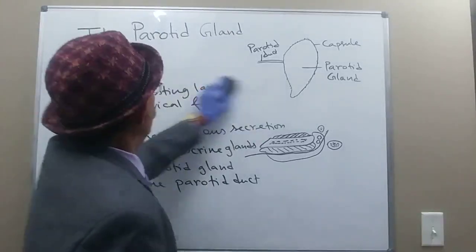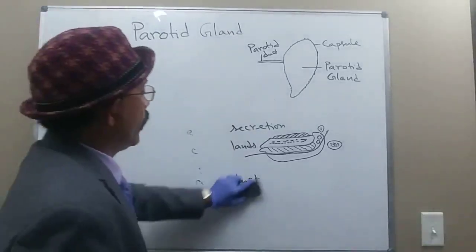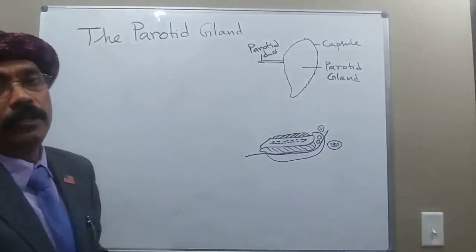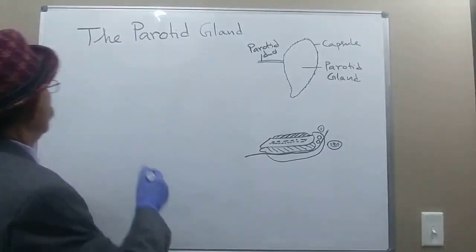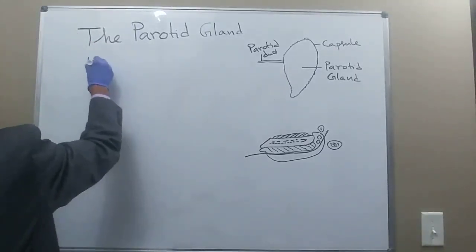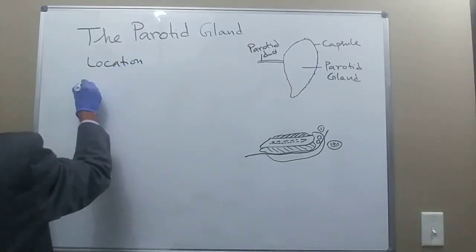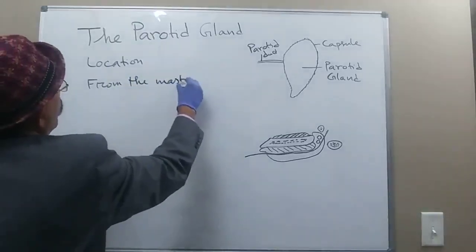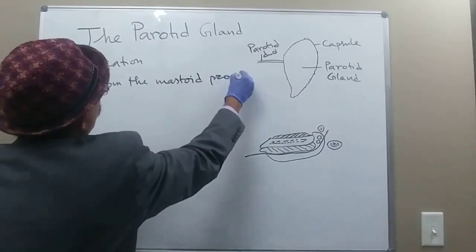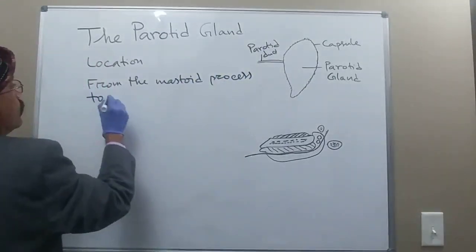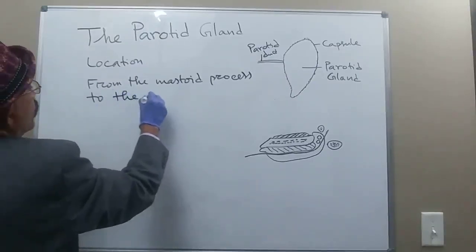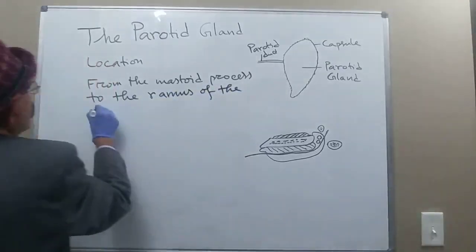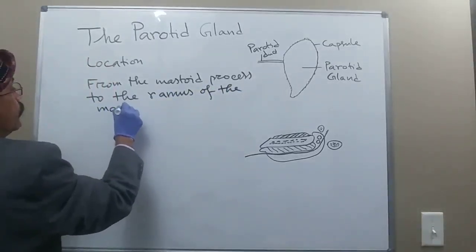Now we go to the location of the parotid gland, where it is located. Its location is from the mastoid process to the ramus of the mandible, from posterior to anterior.